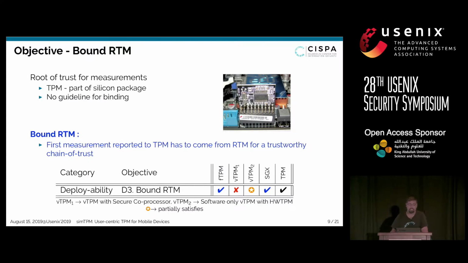In our systematization, interestingly, we found that both of the vTPM implementations do not support it, and the vTPM with a secure coprocessor in retrospect does not support this objective completely. This is because the secure coprocessor is connected to the device using a PCIe bus, and there is no guarantee that the first measurement coming to the secure coprocessor comes from a trustworthy RTM.